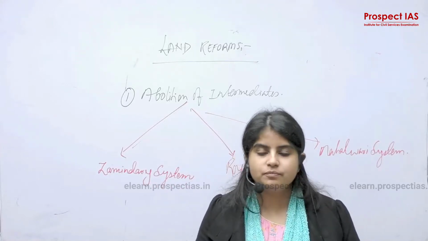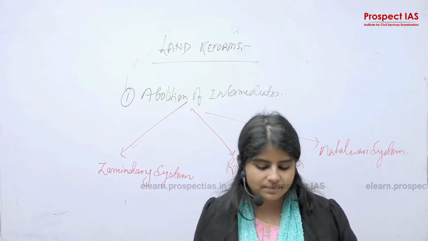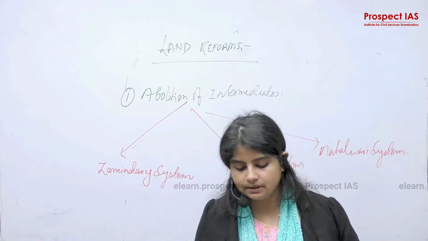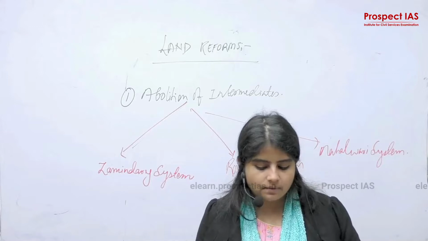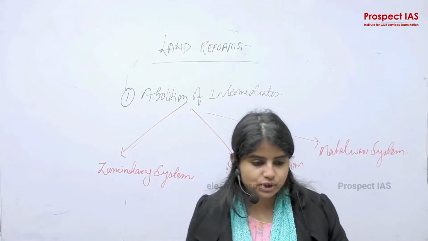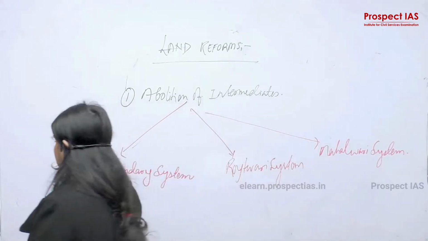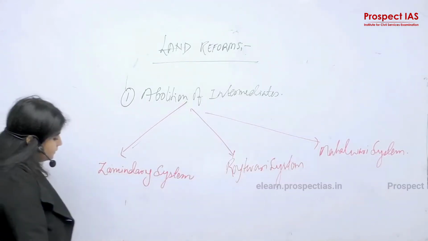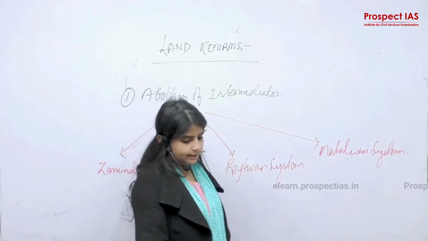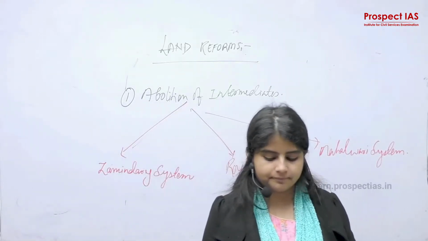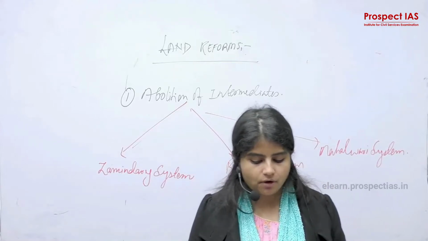On behalf of the Mughal emperor, the Diwan or Zamindar would make sure of rightful collection of revenue.